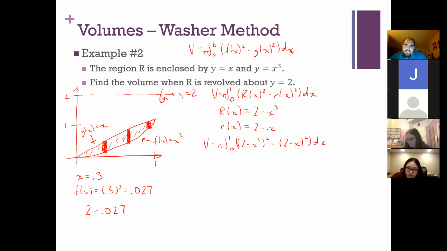So let's go ahead and stop there for just a bit. So this is kind of a different scenario than the ones we've been doing. Now we're dealing with an axis of rotation that's removed from our two coordinate axes. Any questions about how we set this up?